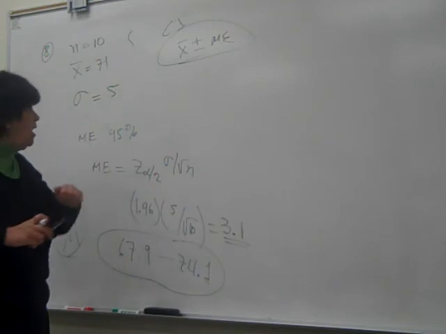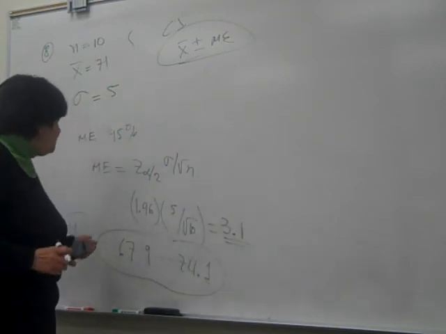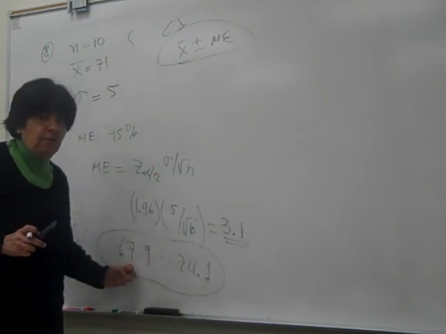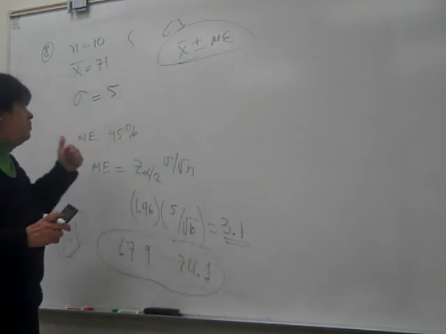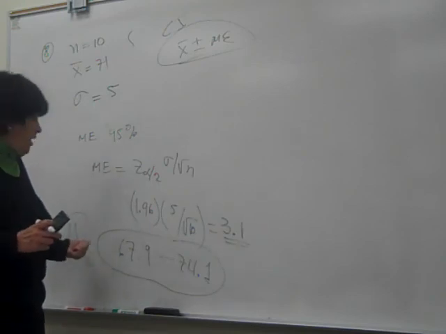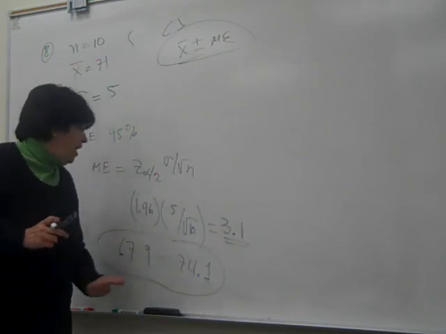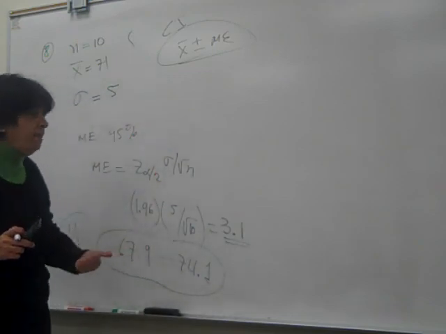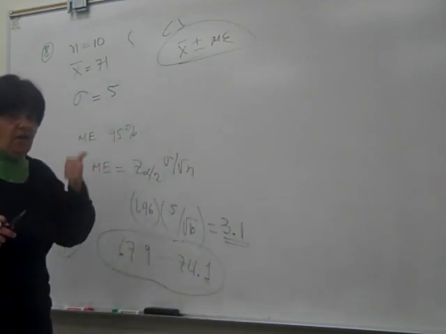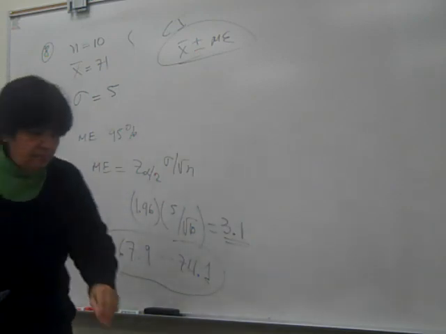I'm not saying that 95% of all the values on this distribution are between these two values. What I'm saying is that the real population parameter mu is between 67.9 and 74.1, and I am 95% sure statistically of what I'm saying. Okay?